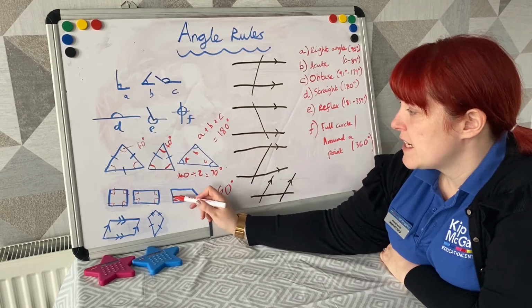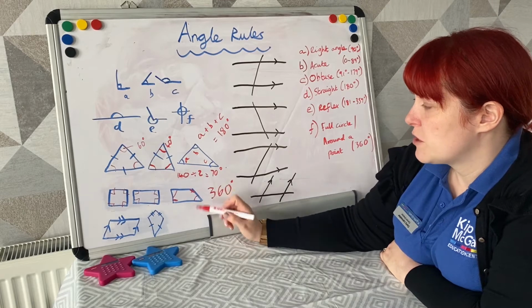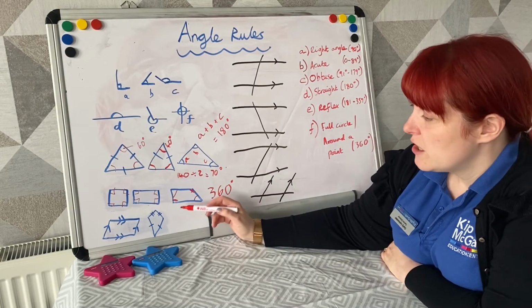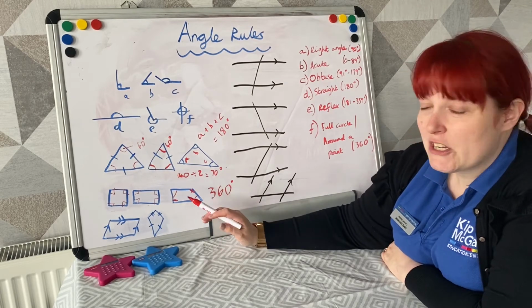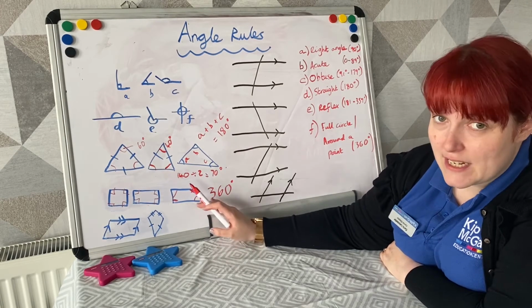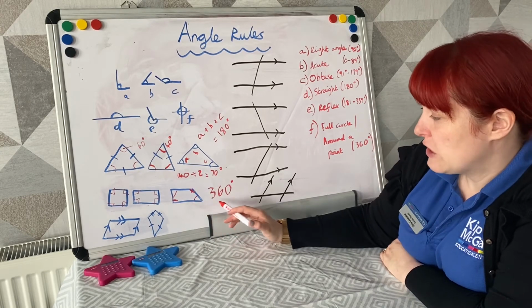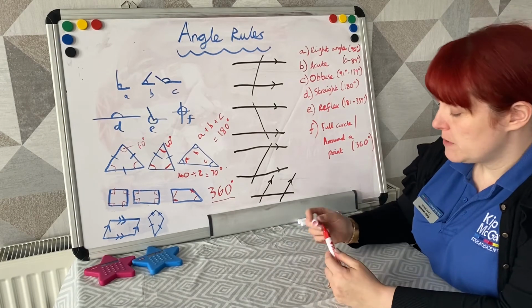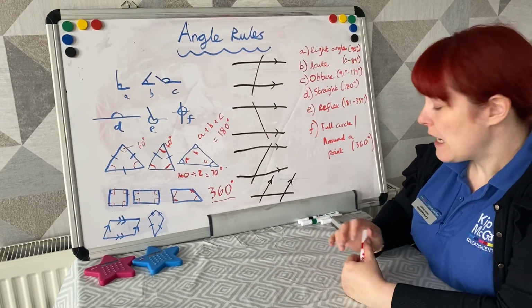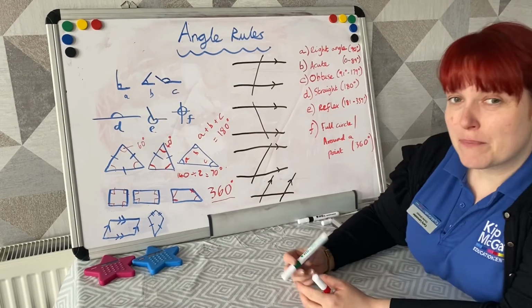Same with this one, these will add up to 360. They might all be different. These ones to me look like they're both probably 90, and then these two would be different, but it can be anything. They can all be 4 different angles. There can be some the same, but the total will always come to 360. When we come to kites and parallelograms, there are some separate rules.